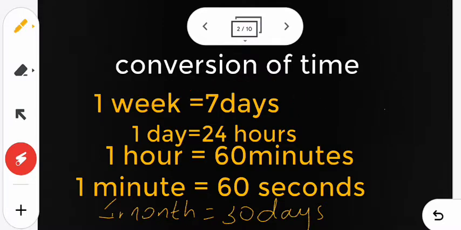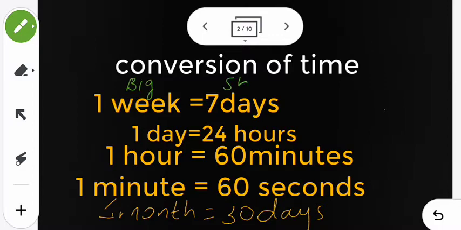And here, if you see this, the left side ones are the bigger units, and the right side ones are the small units.